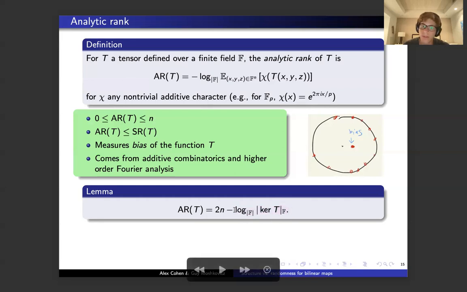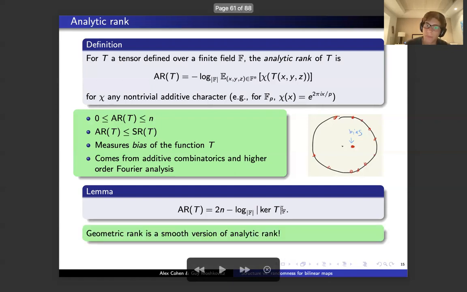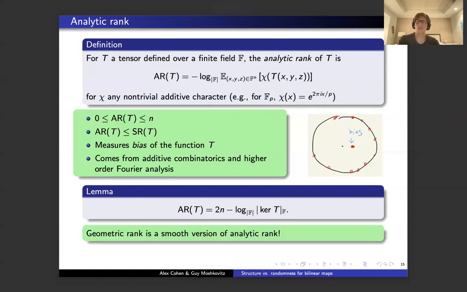Right, so this is somehow a finite field analog of the dimension, and there are good algebro-geometric reasons to think of it this way. Then 2n is the dimension of the ambient space, so the analytic rank is like a finite field analog of the codimension of the kernel. And in fact, that was the initial motivation for defining geometric rank. Geometric rank was originally defined to be a sort of algebro-geometric or smooth version of the analytic rank.